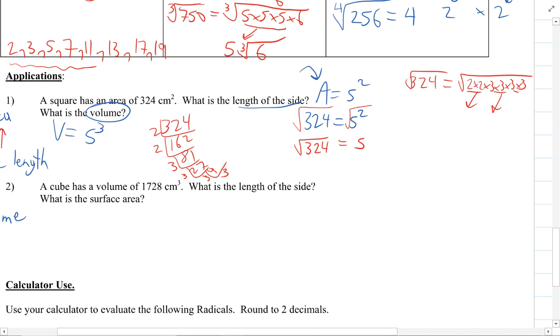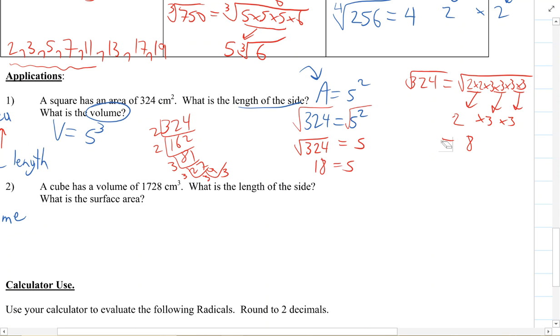Good, looking for that. So 2 times 2, 3 times 3. And so that equals 6 times, or 2 times 9, which is 18. So that's what the side length equals.